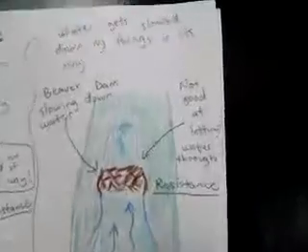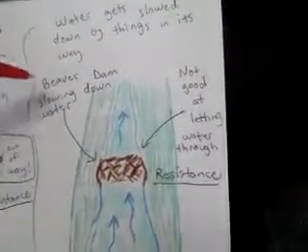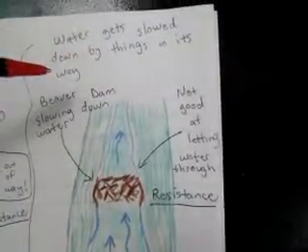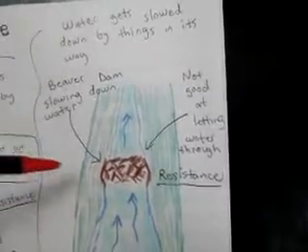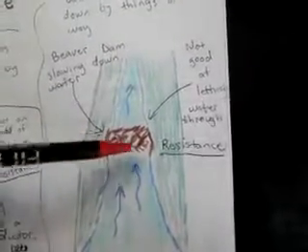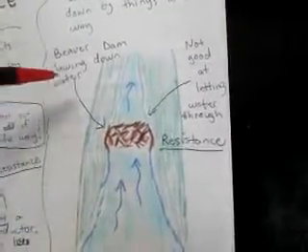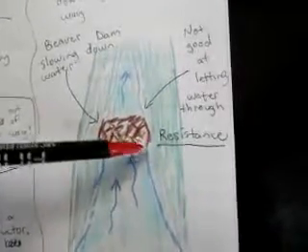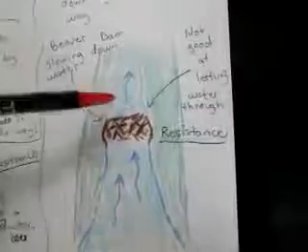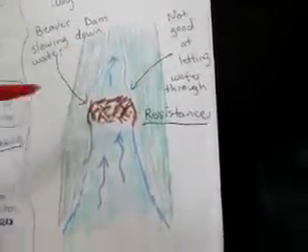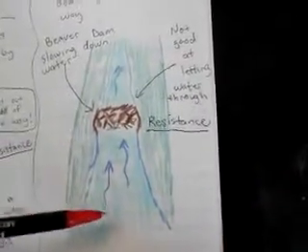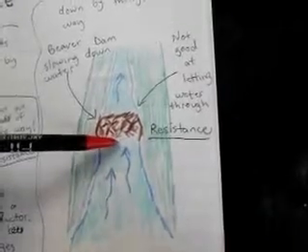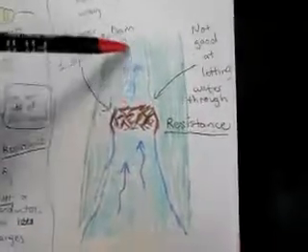So if we apply that to water, you can see that water gets slowed down by things in its way. In our diagram I drew a little beaver dam here slowing down the water. This is not good at letting the water through. It is additional resistance that's not letting the current flow through. And just another side note, the current flowing into the dam is the same as the current flowing out of the dam, right?